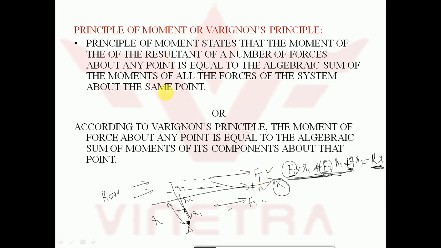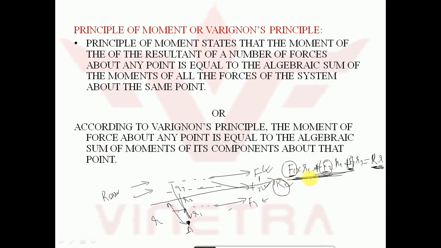Or it can be defined as: the principle of moments states that the moment of the resultant of a number of forces, this is the resultant of forces F1, F2, F3, about any point is equal to the algebraic sum of moments of the forces.